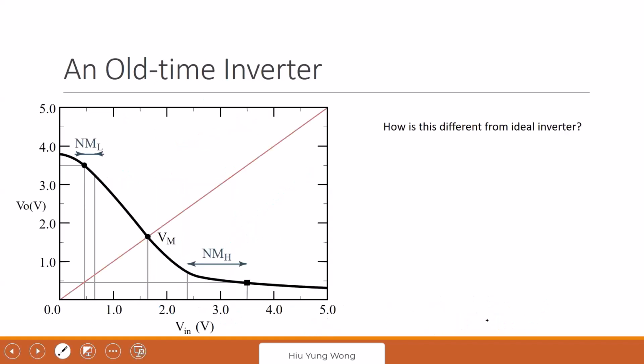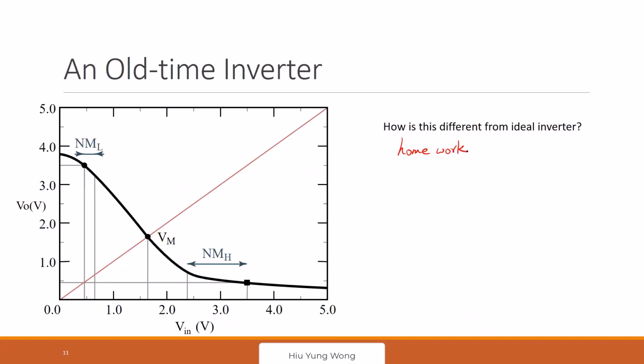Now, this is another inverter. The reason we want to include this is just to reinforce your understanding of all the VTC characteristics. I think this is related to the homework, so I would like you to do it yourself.